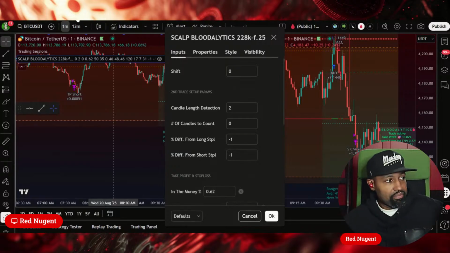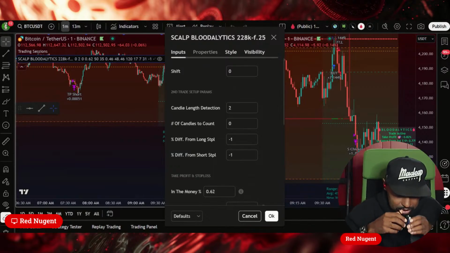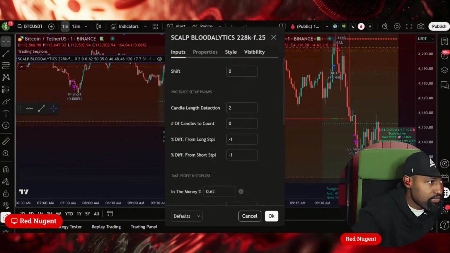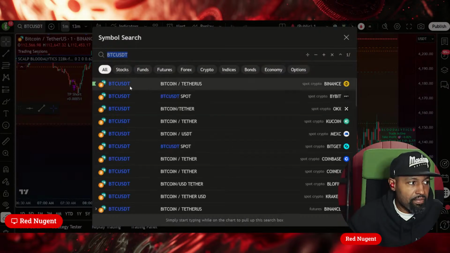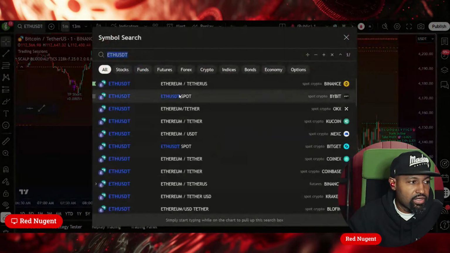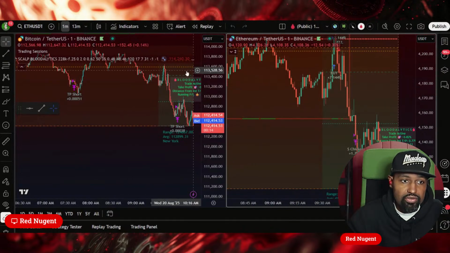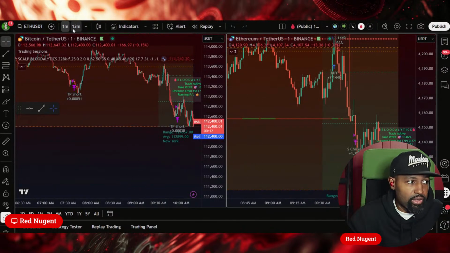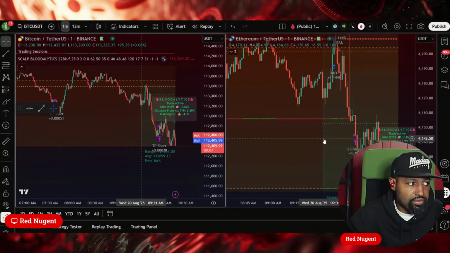Make sure you have the same ticker symbol, I guess it is called in crypto too. It's always Tether US, Binance. Bitcoin Tether US, ETH Tether US, and you've also got to match the frequency, the resolution: 1 minute. Scalpalytics, all 1 minute.